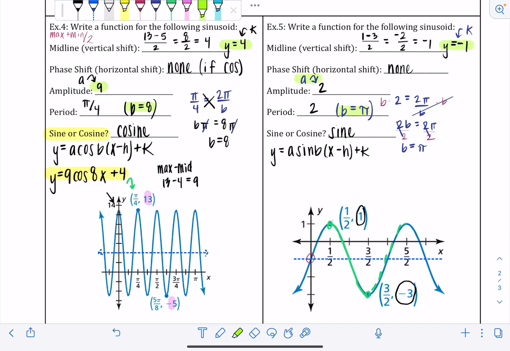And then there was no phase shift, so that's all we need. So it'll be y equals amplitude, so 2, times sine of b, so pi, and then x. We don't need the parentheses anymore because there's no phase shift, so there's no h that we plug in. And then plus k, so our k value is -1, so we'll just do -1 at the end. So y equals 2 sine pi x minus 1.